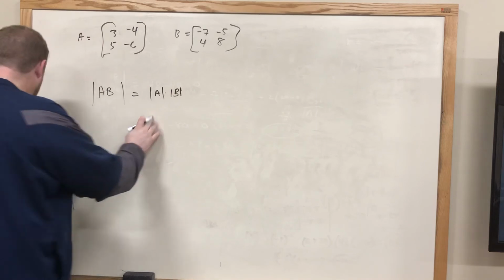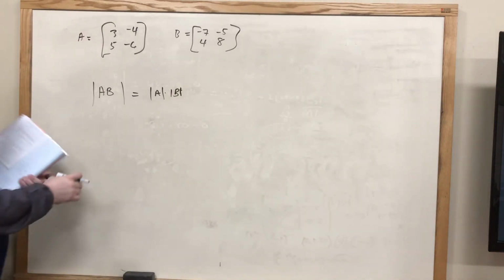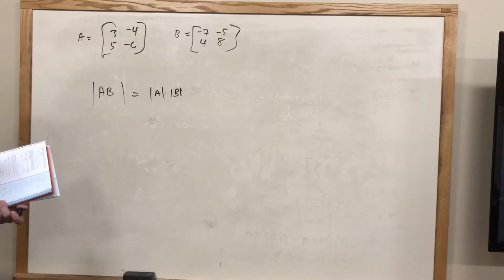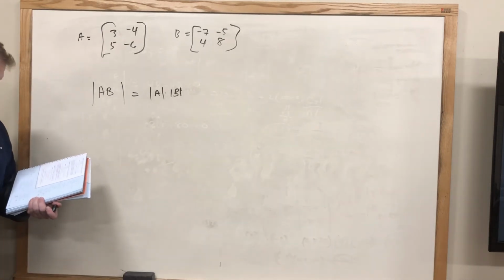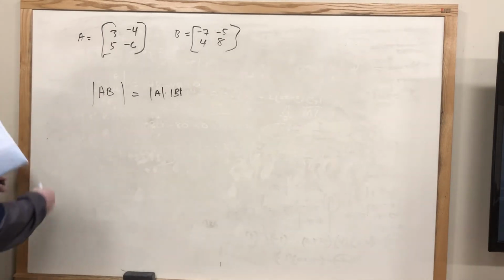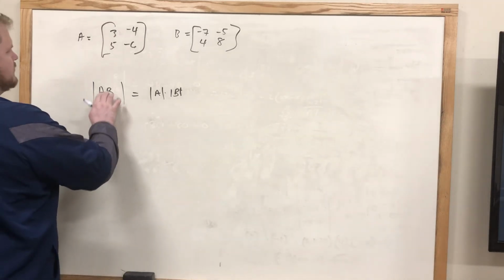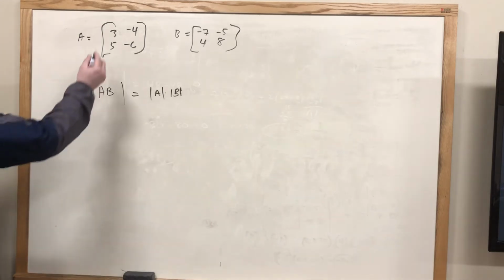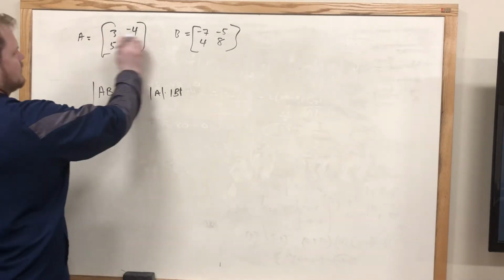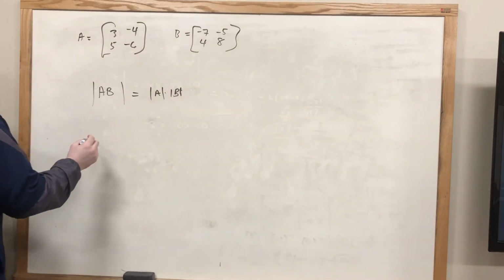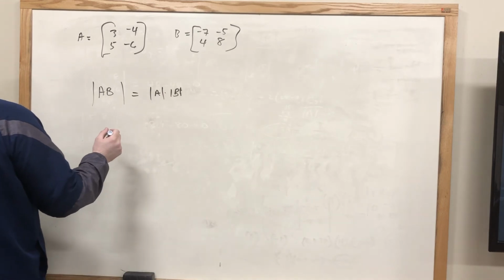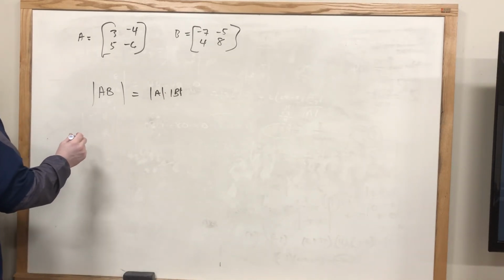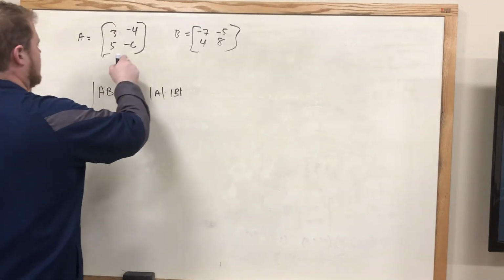Okay, so they want you to find the determinant of these two multiplied and show that it will be equal to the result if you multiply these first. Okay, so let's show that work. First off, let's do our determinant.